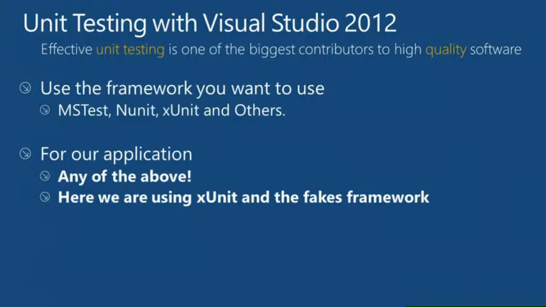But one of the great things about this particular choice is there's no advantage or disadvantage across the board. We worked really, really hard with Visual Studio 2012 to make unit testing really, really great for developers. And as you can see there, effective unit testing is the biggest contributor to high-quality software.